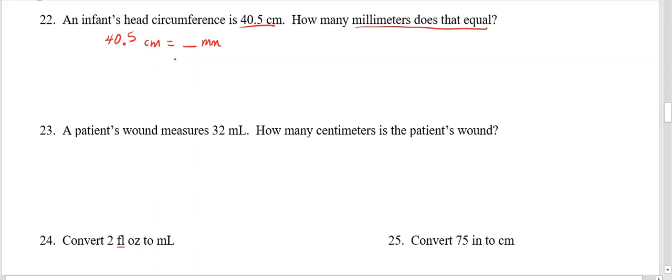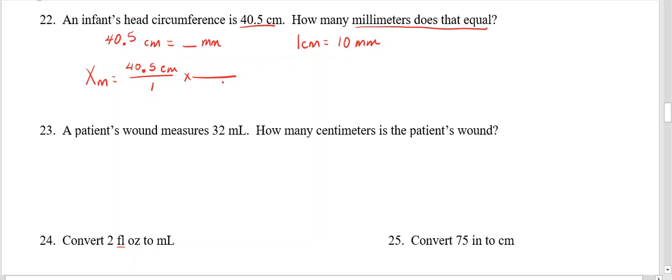Okay, so we're going to remember our conversion. 1 centimeter equals 10 millimeters. So we're looking for millimeters. What we're given, what we know, is 40.5 centimeters, and that always goes over 1, times our conversion.